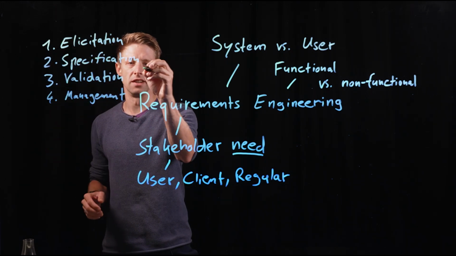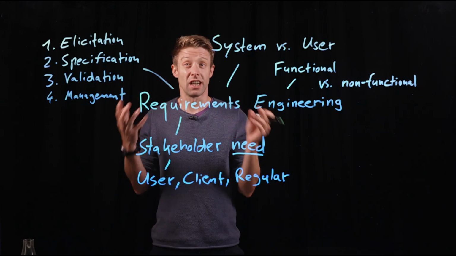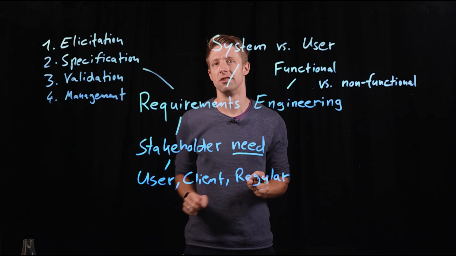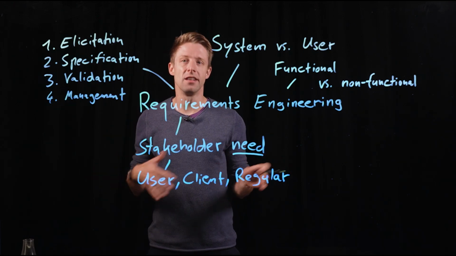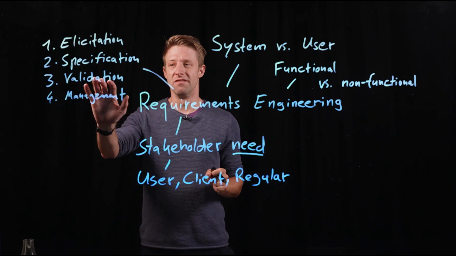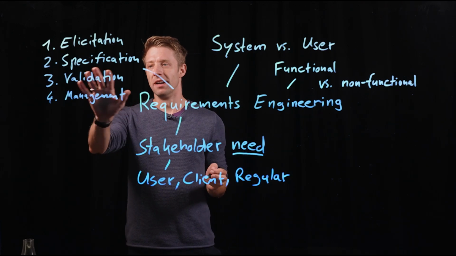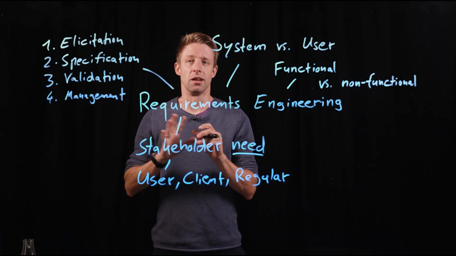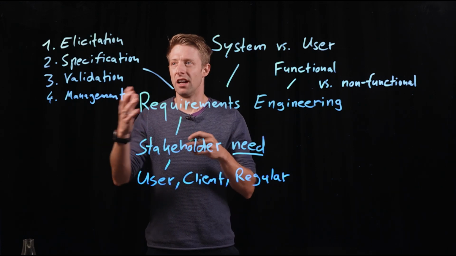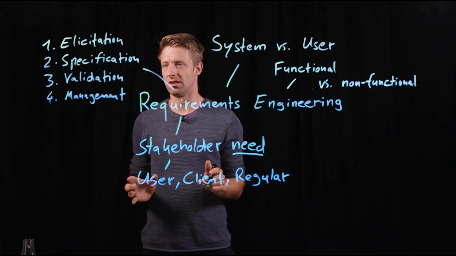All this together is requirements engineering. And in elicitation, we try to discover, we try to find out what the stakeholder needs are. We then somehow specify them, we write them down, we validate them, we make sure they're actually appropriate and correct. And finally, we often have to manage them, for example, deal with change or look at how they relate to each other, how they're interdependent, and so on.